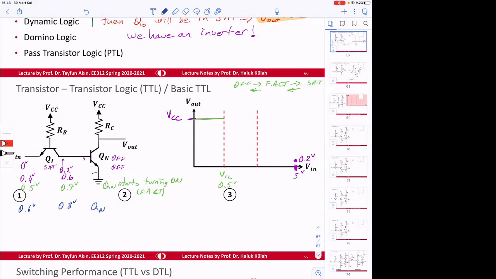QN goes to SAT. So this goes to SAT very quickly. So this voltage is going to be 0.5 volts, 6 volts. So we will call this thing V input high, and then output will remain at 0.2 volts.